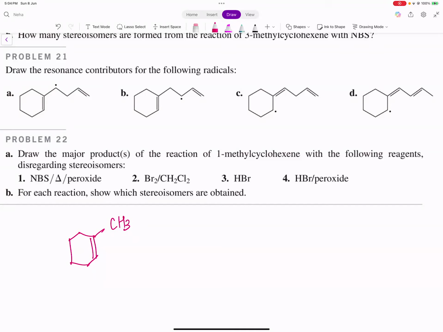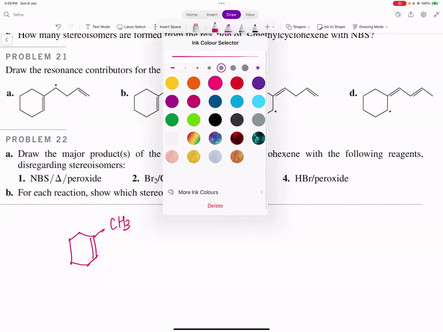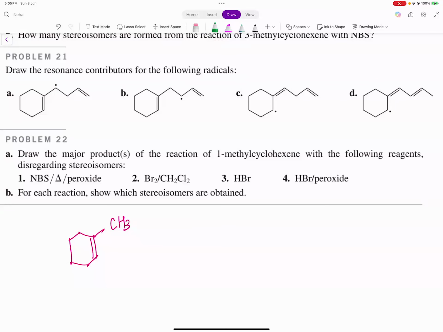So I think there will be a lot of products in the first case because we'll have several allylic hydrogens. For example, this can also be abstracted, I can also abstract this, and I can also abstract one hydrogen from here. All will be resonance stabilized. So first we abstract the first hydrogen, then we draw its resonating structure and draw the products from that.